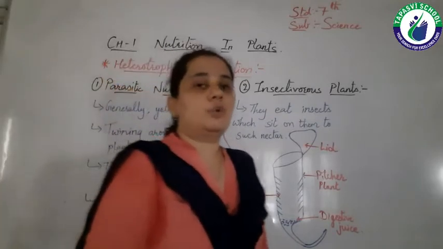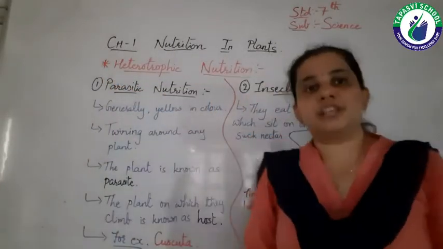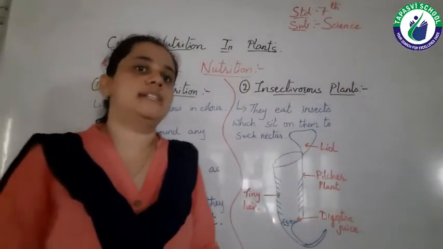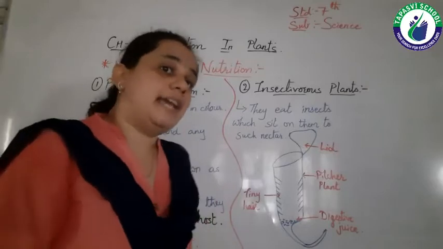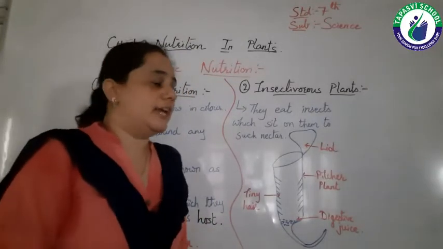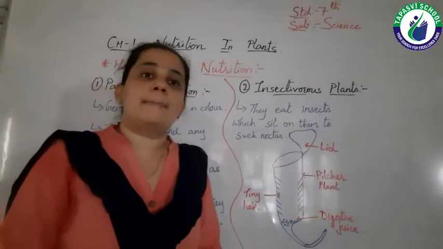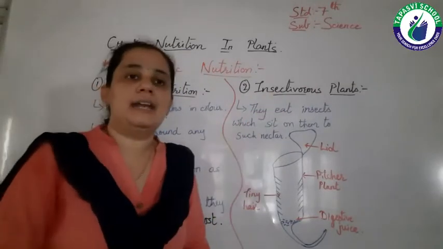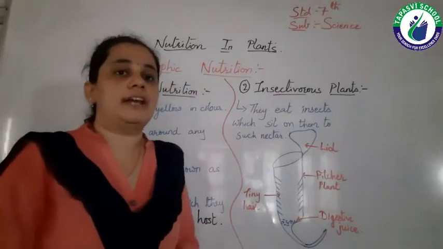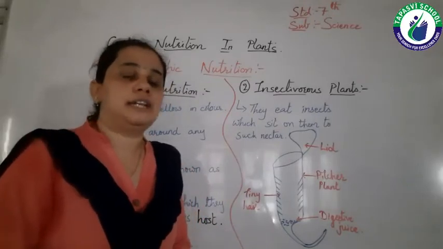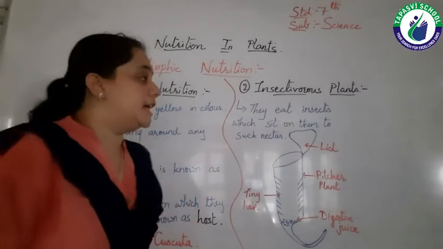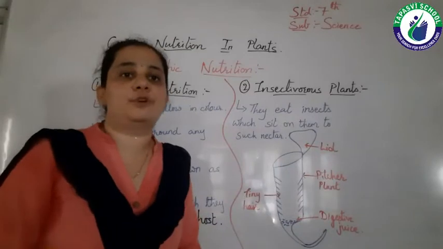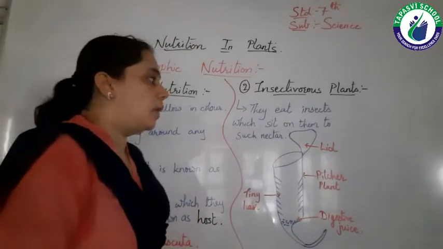Now the question is, does the pitcher plant also not have chlorophyll? No, it's not like that. They have chlorophyll, so they are known as partial heterotrophs, means they are partially dependent on others, on insects, for their nourishment. Why partially?